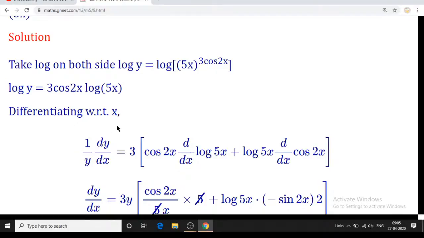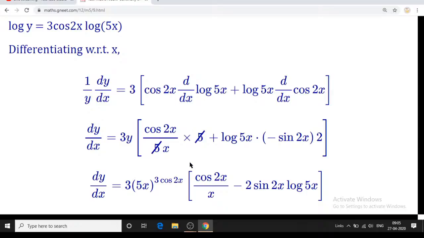The derivative of log y is (1/y) dy/dx, which is equal to 3 [cos 2x times the derivative of log(5x) plus log(5x) times the derivative of cos 2x]. Now the derivative of log(5x) will be 1/(5x) into the derivative of 5x, which is 5, and then this 5 and 5 get cancelled, plus log(5x) times the derivative of cos 2x, which is minus sin 2x into 2.